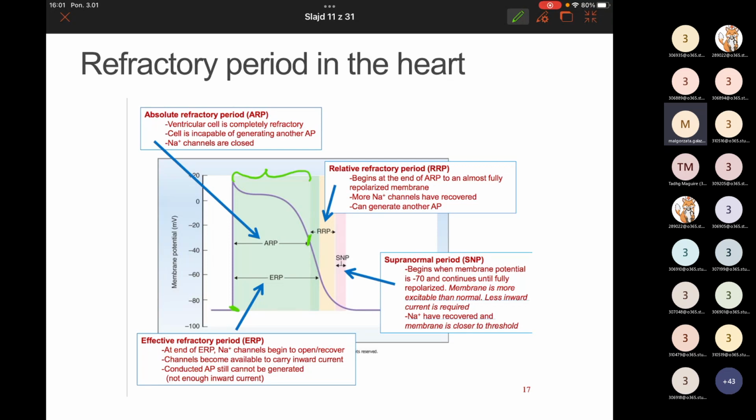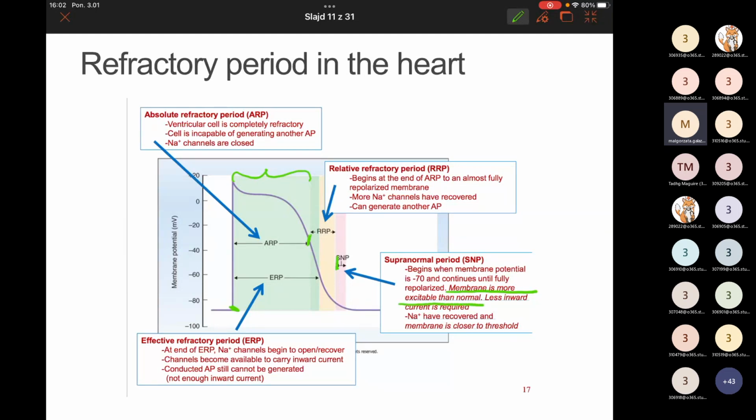During the supranormal period, which starts at the end of the relative refractory period and lasts till the cell membrane reaches the resting membrane condition, which is more negative than in the case of pacemaker cells and is equal to around minus 90 millivolts, the membrane is more excitable than normal.